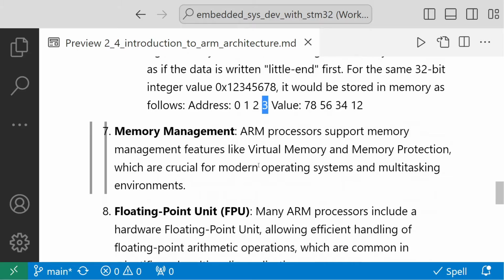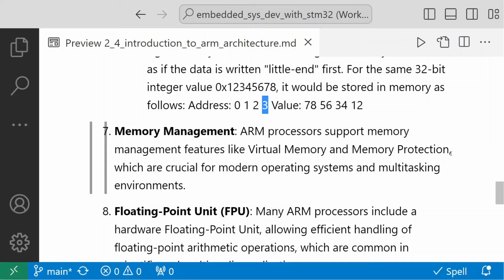Memory management. ARM processors support memory management features like virtual memory and memory protection, which are crucial for modern operating systems and multitasking environments. If you know a little bit of Linux, you can understand that you can install Linux only if the processor supports virtual memory or the memory protection unit.